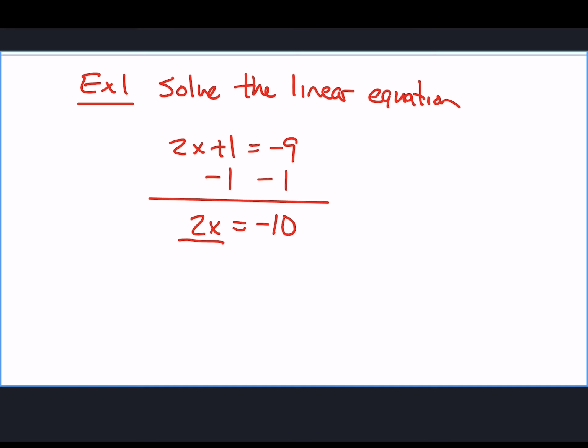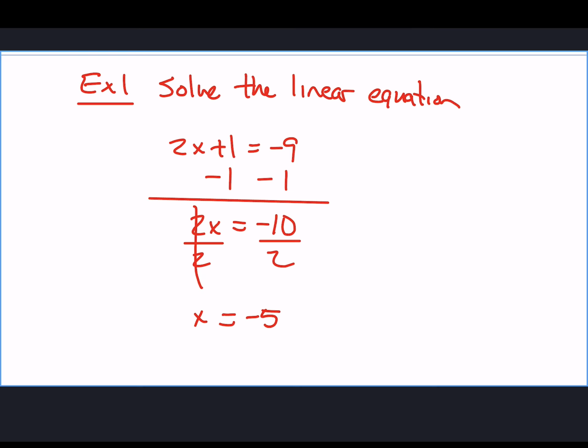In other words, we want to divide both sides by 2. The 2's will cancel on our left-hand side, and we're left with x is equal to negative 10 divided by 2, which is negative 5.